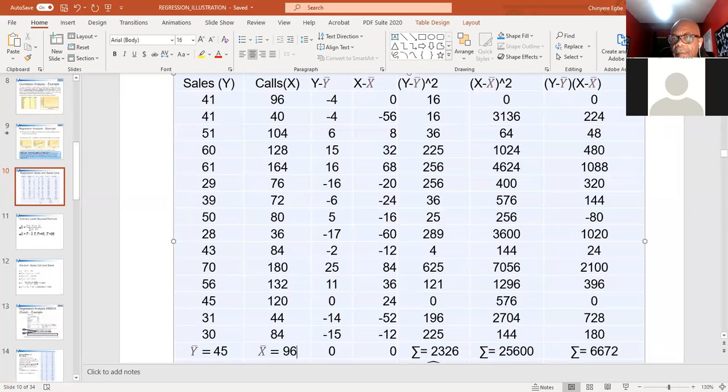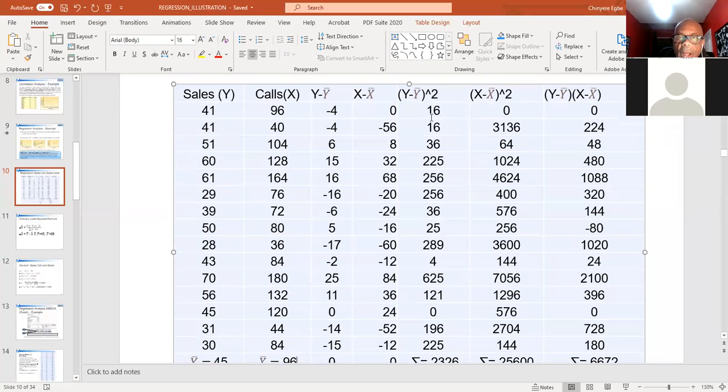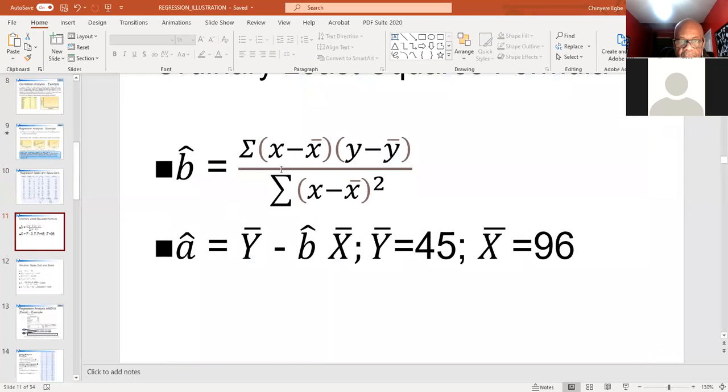And then you calculate Y minus Y bar squared. You calculate X minus X bar squared. And then you calculate Y minus Y bar times X minus X bar, which is what you see in this formula. X minus X bar times Y minus Y bar. You get the summation of that, and you divide by the summation of X minus X bar squared.